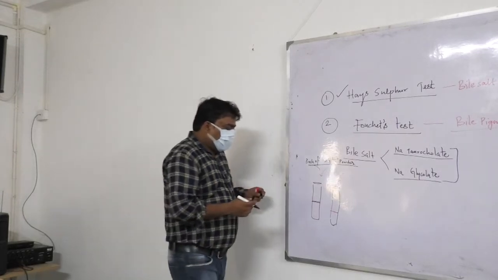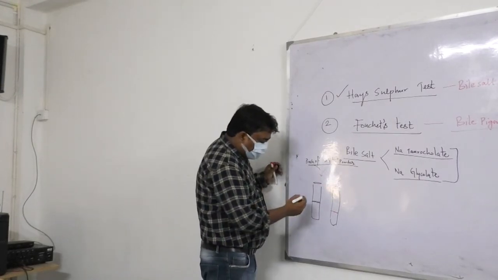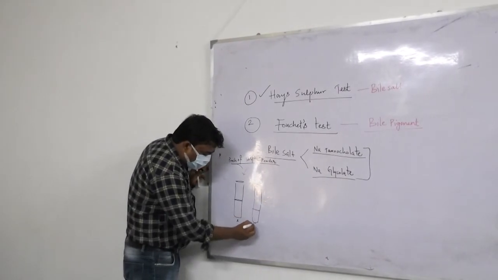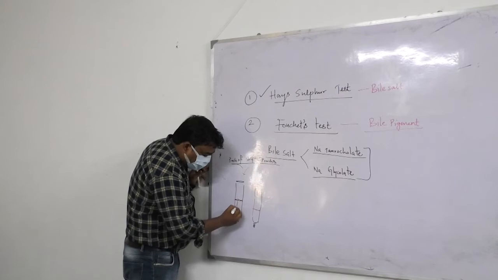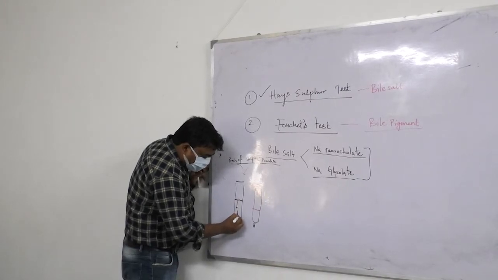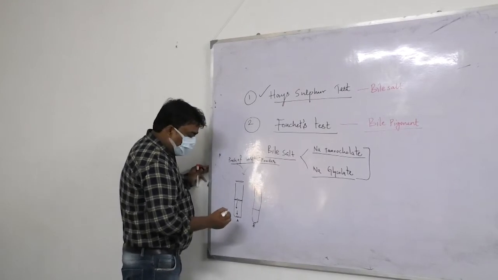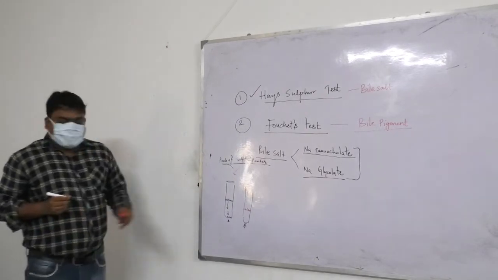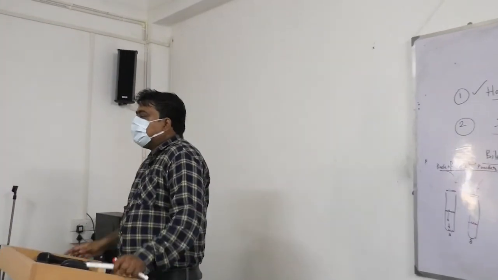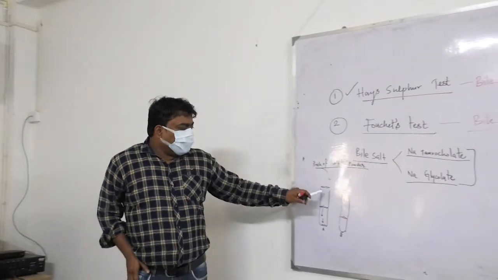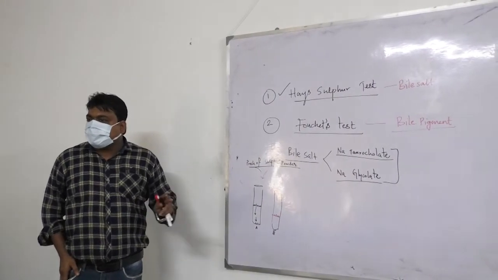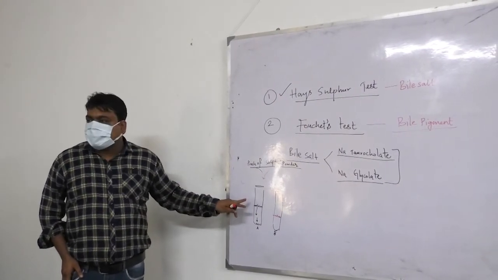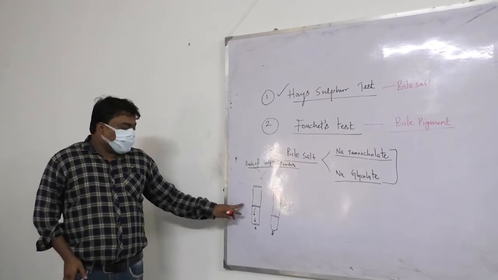Okay. Now, what is happening? If the sulfur powder is seen settled down at the bottom, and in the normal water it is floating over the surface of the water, then we confirm that our sample has bile salt. In the test tube A, we take the sample.